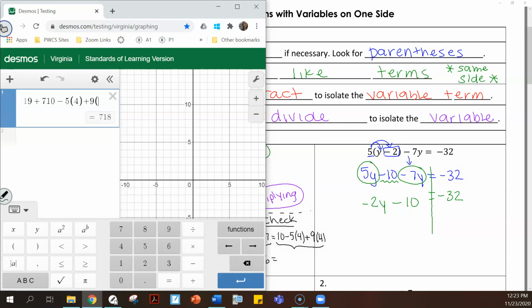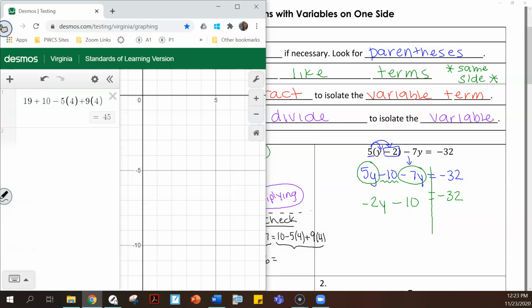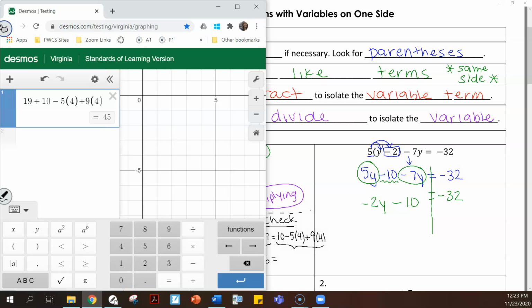That's because I typed some craziness in here. Erase that. So I get 10 minus 5 times 4 minus 9 times 4, exactly what I'm seeing right here. And I get 26 on that side as well.